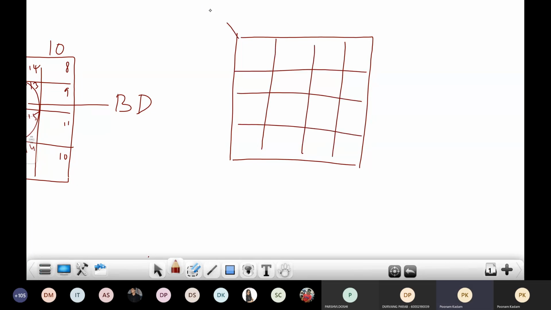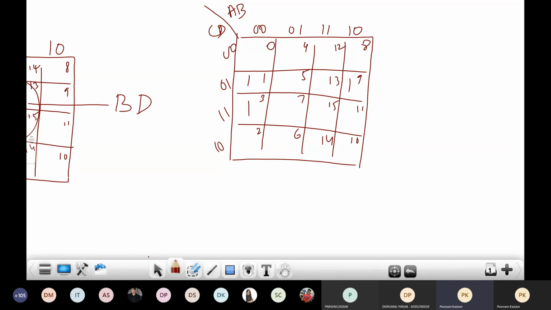A 16 cell K map. And let's say now ones are present at these 4 cells.